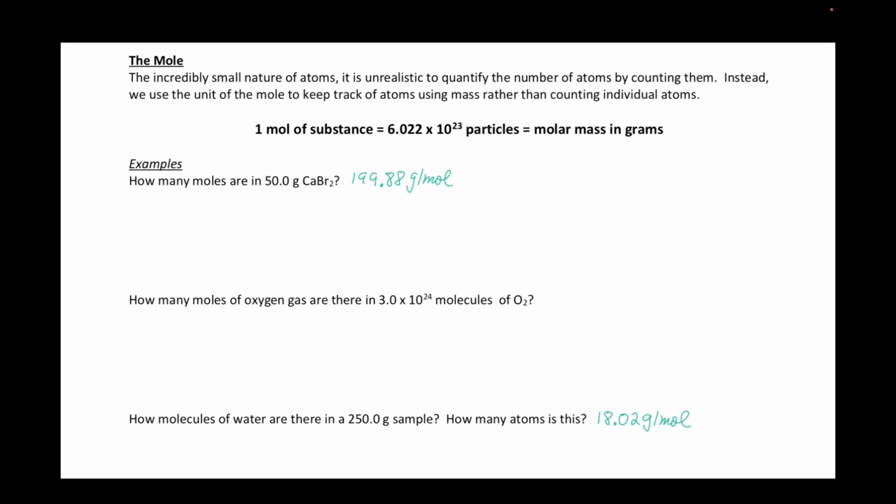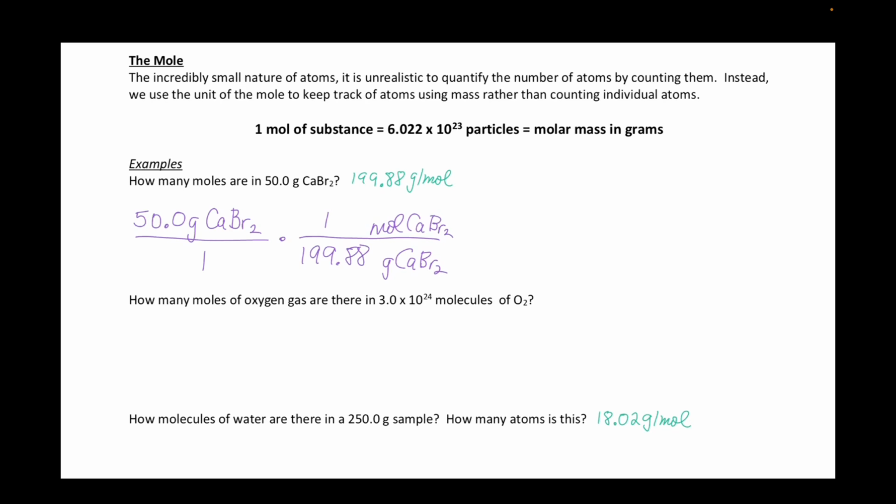Yeah? Okay. So 50 grams of calcium bromide, we want to go into moles. If we're going dimensional analysis, we're going to go 50 grams of CaBr2. We're going to go opposite to cancel. So I'm going to put grams here. I'll put moles here. 1 mole is my molar mass, 199.88.